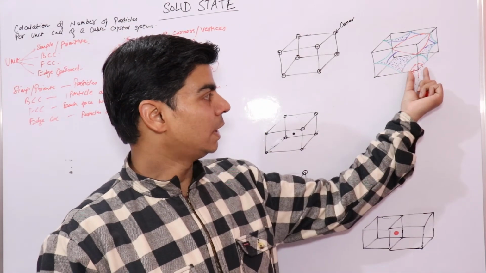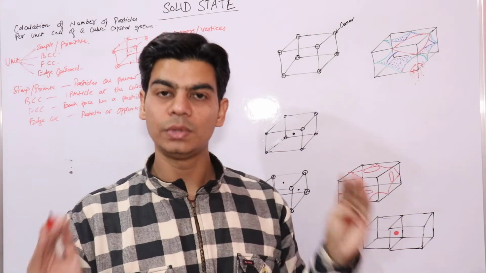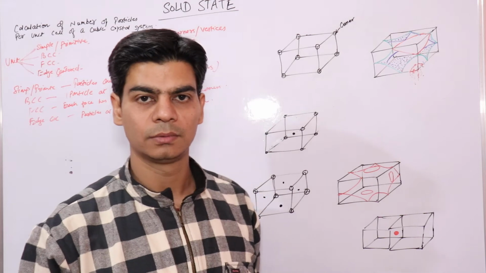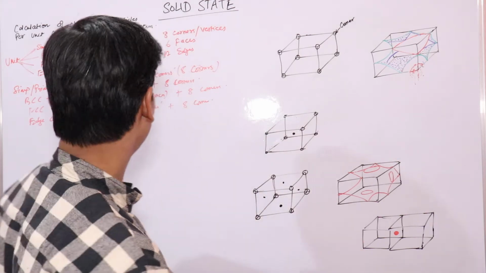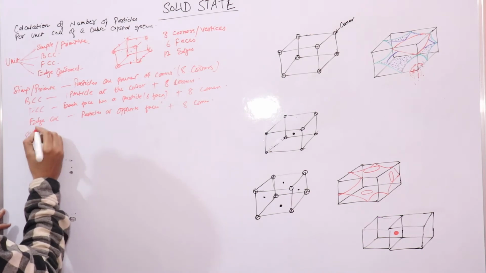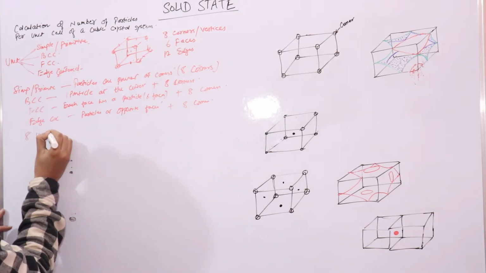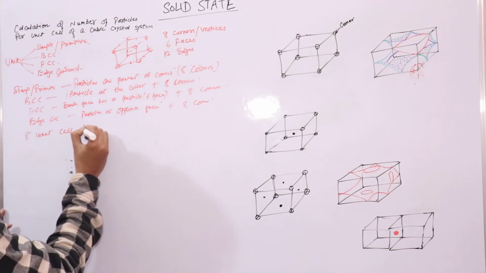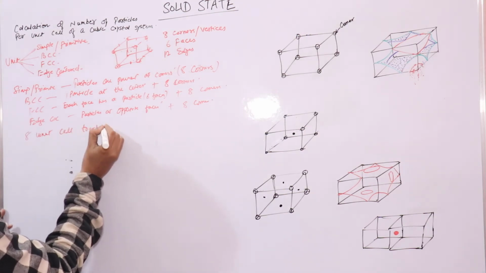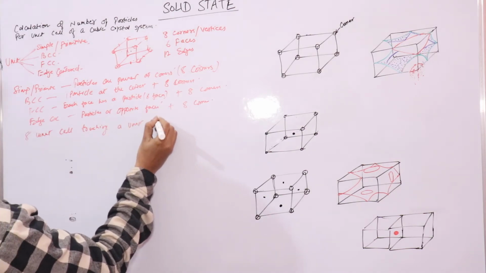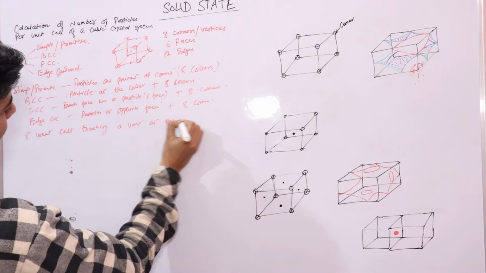At this particular corner, 8 unit cells would be touching one corner of a cube. So we have 8 unit cells touching a unit cell at one corner.